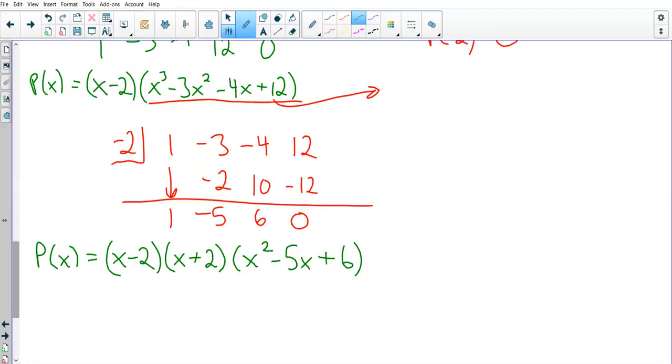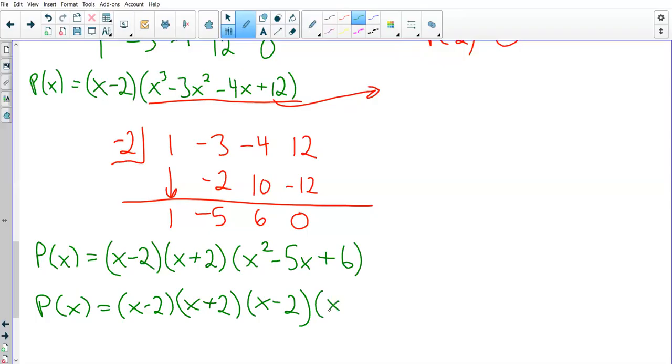Well, look at that. Factors of that quadratic we already recognize. Factors of +6 that add to -5 are -2 and -3.